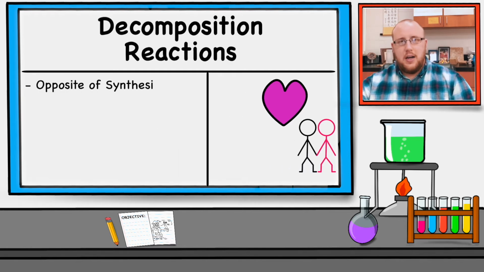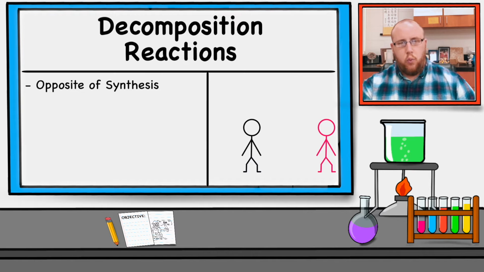Decomposition reactions are the opposite of synthesis reactions. Think of it like you have a couple dating and they decide to break up. So you had one group of people, then they broke up with each other, and now you have 2 individual people again. The generic formula for this would be AB yields A plus B. Okay, so what does this mean?